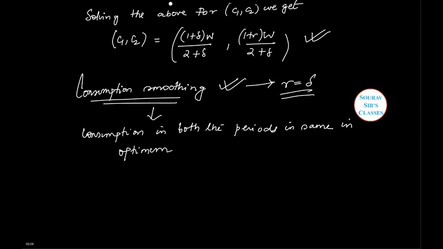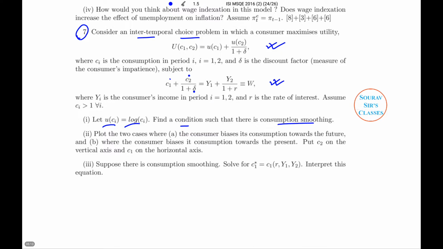Now let us move on to the second part. Part 2 says, plot the two cases where the consumer biases its consumption towards the future and where the consumer does the same thing towards the present.